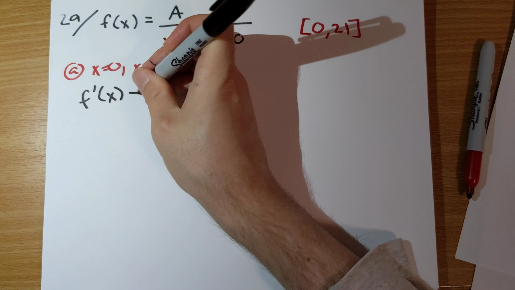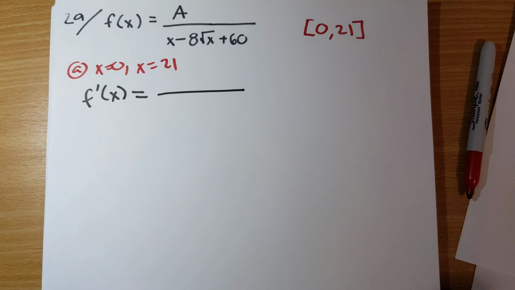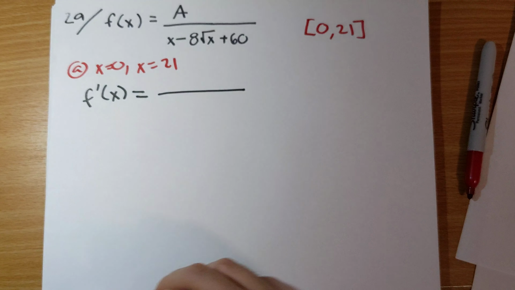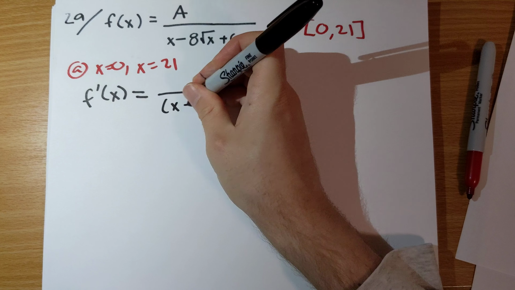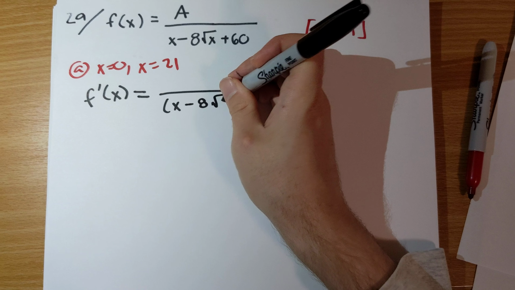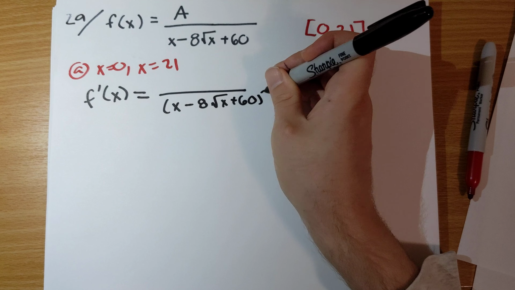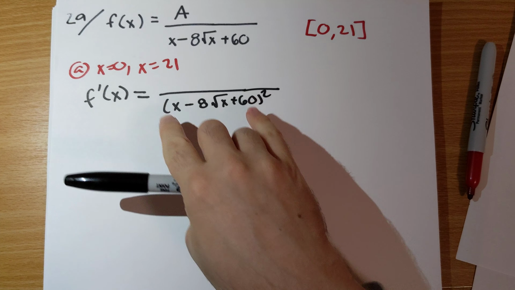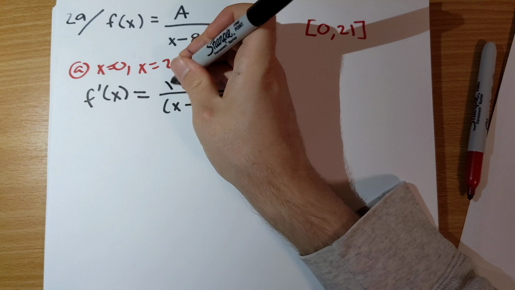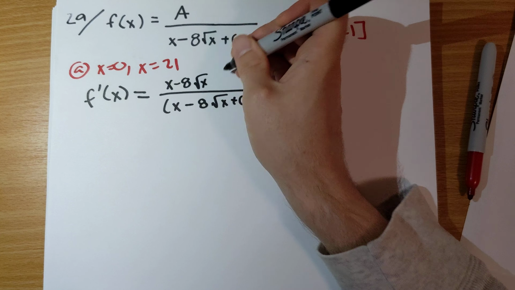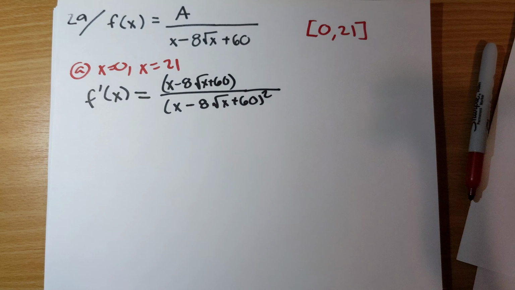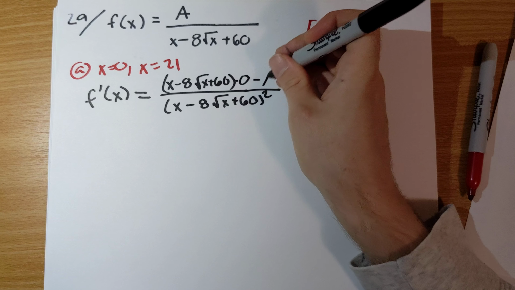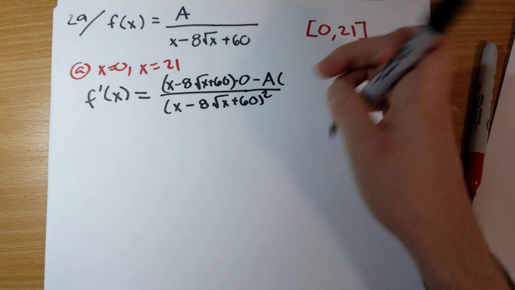So f prime of x. We need the derivative here. I'm going to use the quotient rule, works as well as any here. So (x minus 8 square root x plus 60) times the derivative of a, but a is a constant, so that's 0, minus a times the derivative of the denominator.